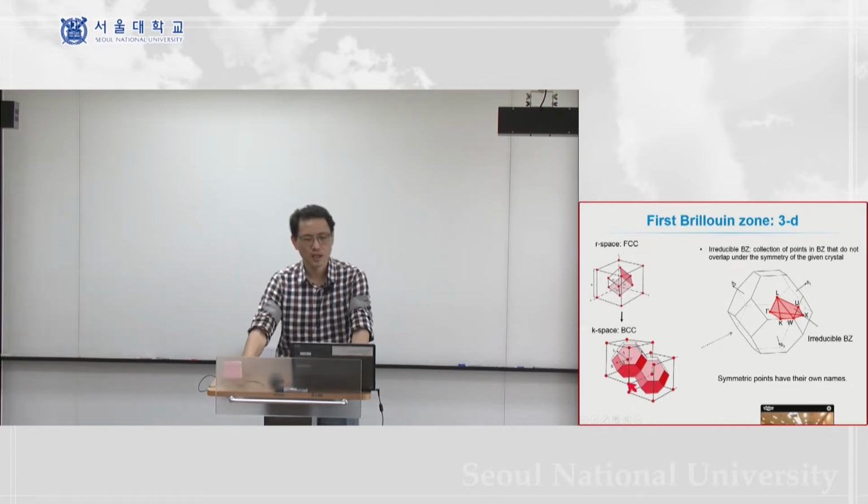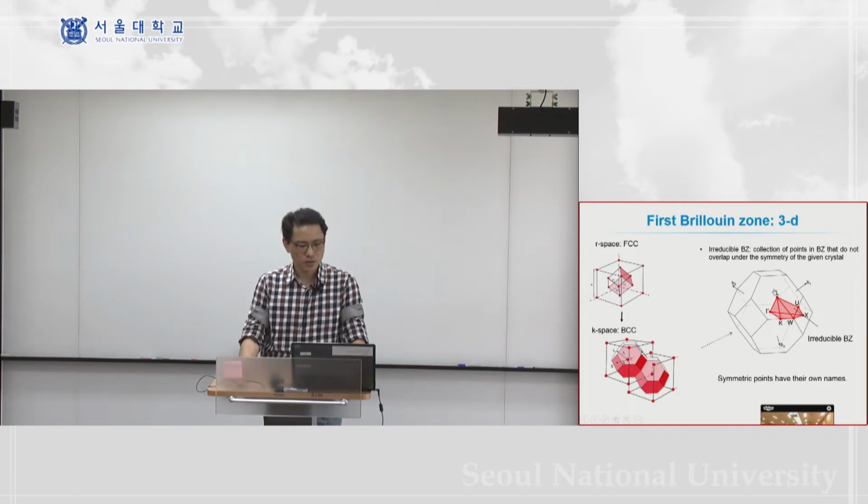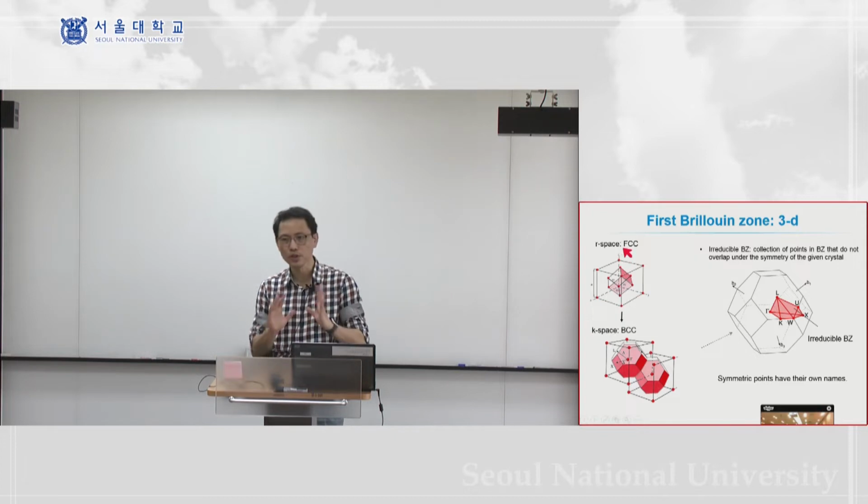If you take this first Brillouin zone here, some of the points within it are equivalent because of the symmetry. For example, if you have the full symmetry of the FCC structure, then your x, y and z axes are all equivalent.